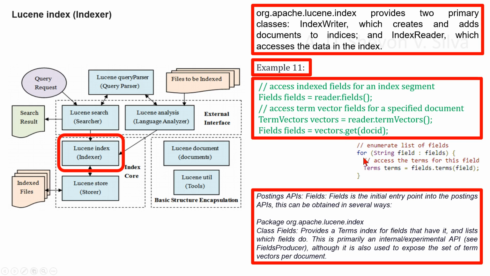Here the Fields implement the Java Iterable interface, so it's easy to enumerate a list of fields. Here we access index fields for an index segment. Here we access term vector fields for a specified document.